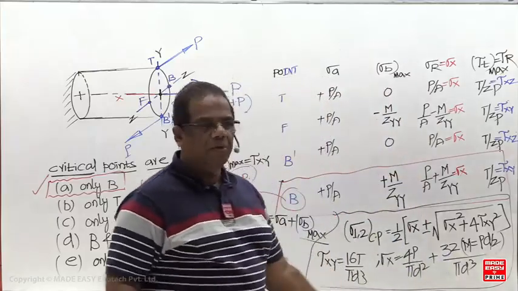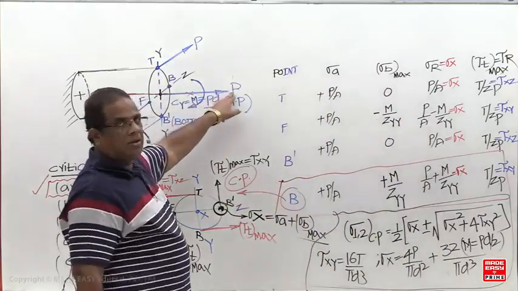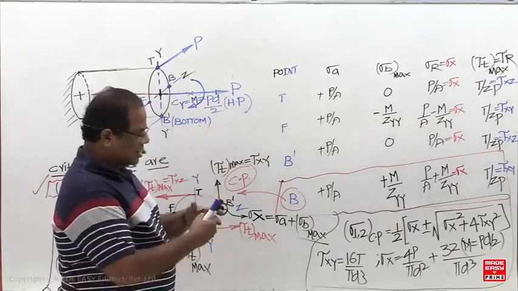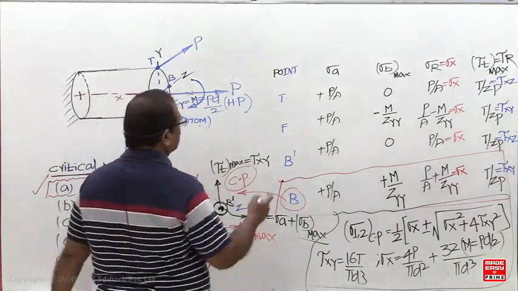So the remaining is simply numericals only. What is going to be given in the question? P is going to be given, diameter is given. You can do all the calculation now. You can take some numerical data and find out the principal stress.